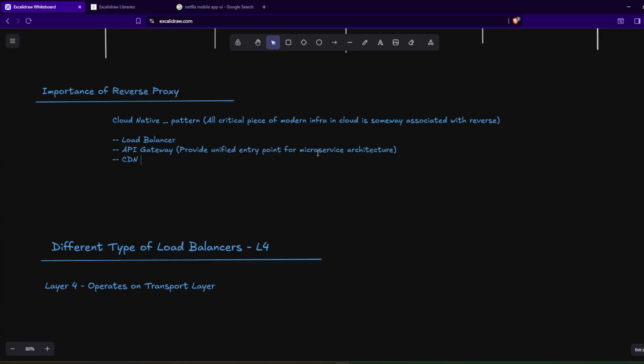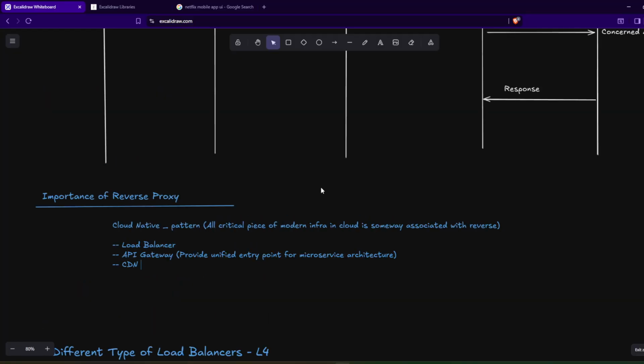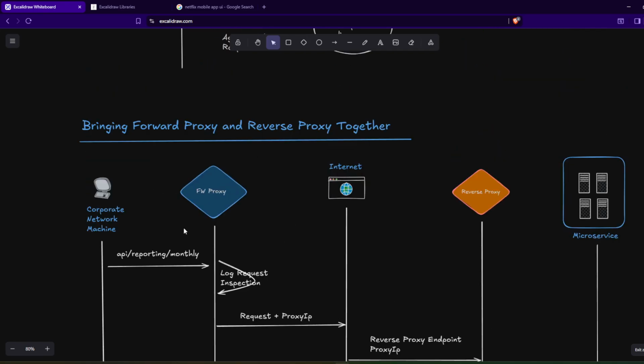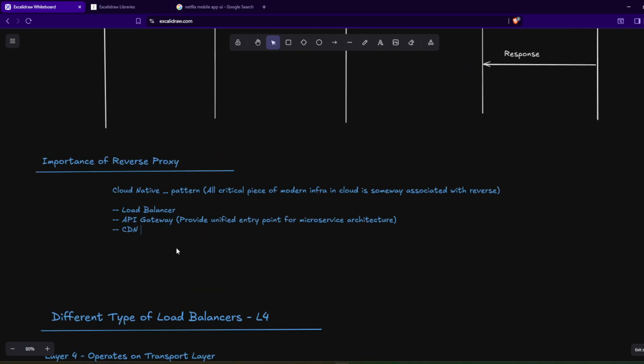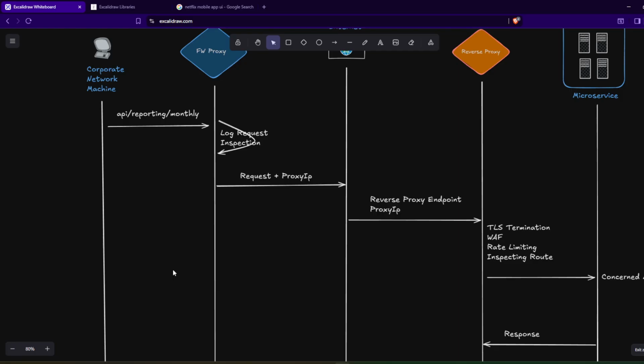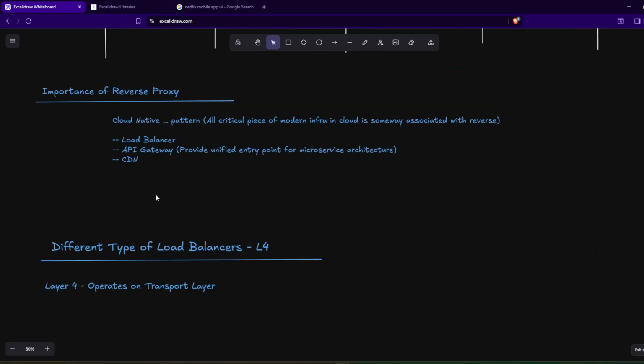Whatever content I'm delivering, this layer is basically a CDN. I am intercepting the traffic, and then I'm sending back some kind of aggregated response. That is why it can be termed a reverse proxy.